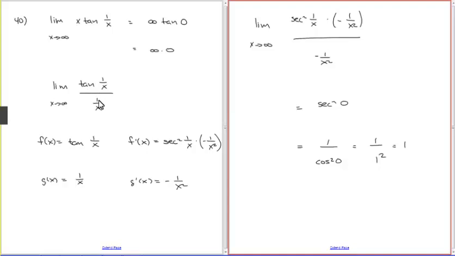We then used L'Hopital's rule, so we took the derivative of the numerator and the derivative of the denominator. We took that ratio. We were able to cancel out these two terms, and all we had left was the secant squared of 1 over x. 1 over x as x goes to infinity is 0, so we get secant squared of 0. Secant squared is 1 over cosine squared, and cosine of 0 is 1, so we have 1 over 1 squared, and we got 1.